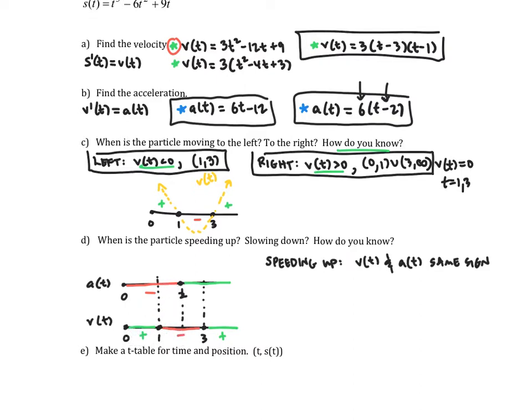Sign is negative between 1 and 2, as well as from 3 and beyond. So it's speeding up when t is between 1 and 2 and 3 and beyond. Okay, the particle is slowing down when v of t and a of t are opposite signs.